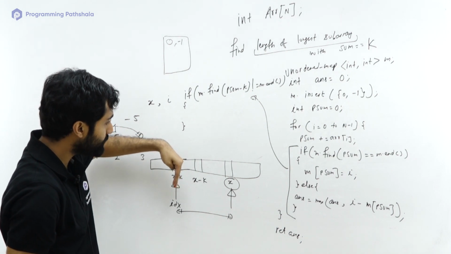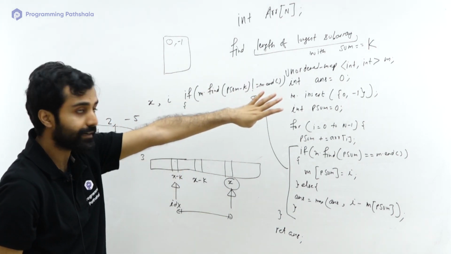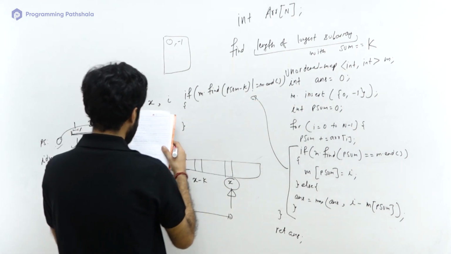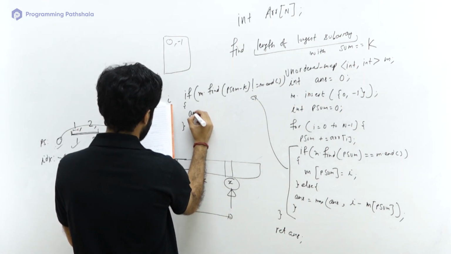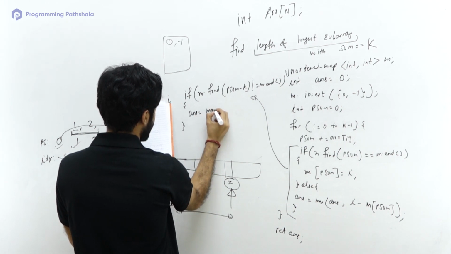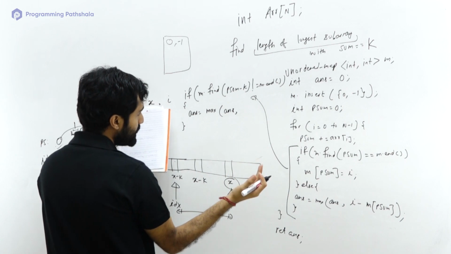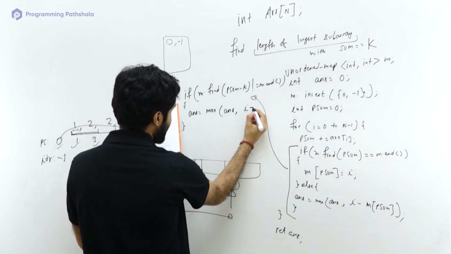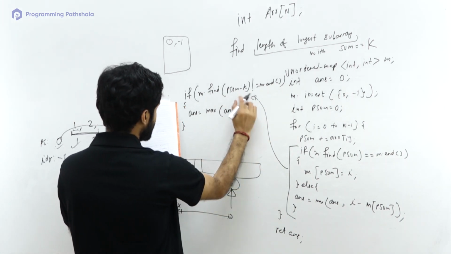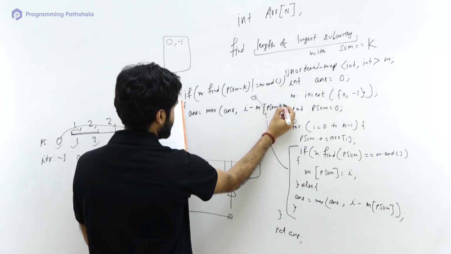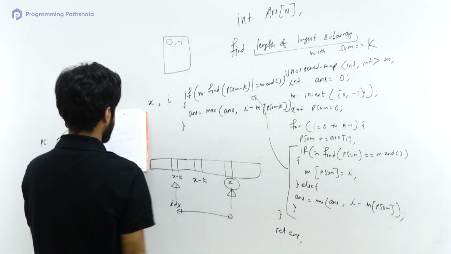Because it must have occurred somewhere before, my map must be containing the index of its first occurrence. So what I'll do is, I'll just update my answer. So I'll say that my answer should be max of answer, comma, the gap. And now what is the gap? So my current index is i, and the index of first occurrence for this thing must have been m of p sum minus k. That's it.